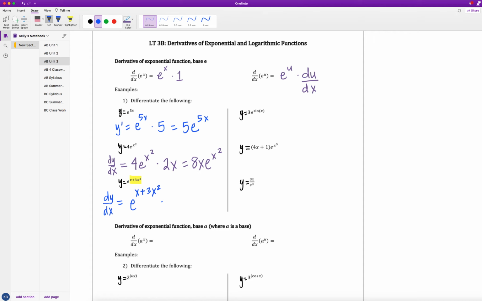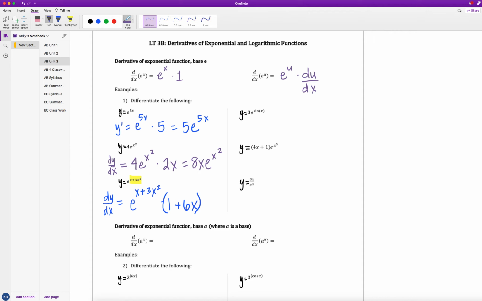Since the exponent here is a sum of two functions, I'm going to need parentheses around that derivative since the whole derivative needs to be multiplied to the e to the x plus 3x squared. Our derivative of our exponent there would be 1 plus 6x by using the power rule. And yes, these parentheses would be necessary since both the 1 and the 6x are being multiplied to this e function.